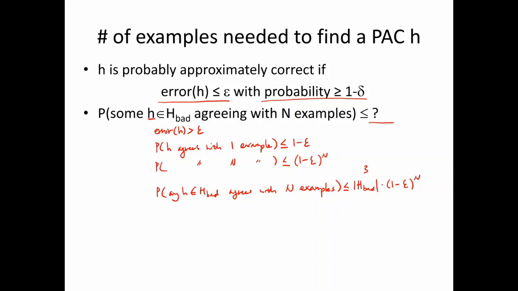For the first model, the chance of it getting n things correct is less than or equal to (1 minus epsilon) to the nth power. And for the second model, same thing, (1 minus epsilon) to the nth power. And for the third model, again, it's less than or equal to (1 minus epsilon) to the nth power. And the probability of any of these 3 models correctly classifying the n examples would be the first model or second model or the third model. So it's just 3 times (1 minus epsilon) to the nth power. And the size of H bad, the number of bad models in our hypothesis space, is strictly less than the number of hypotheses.